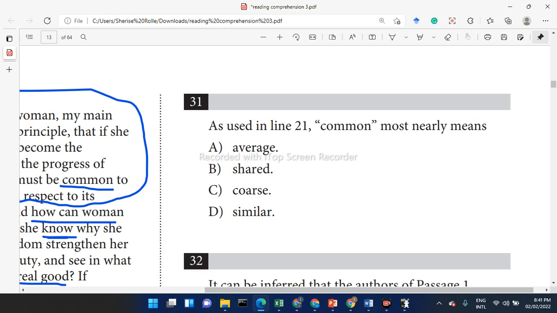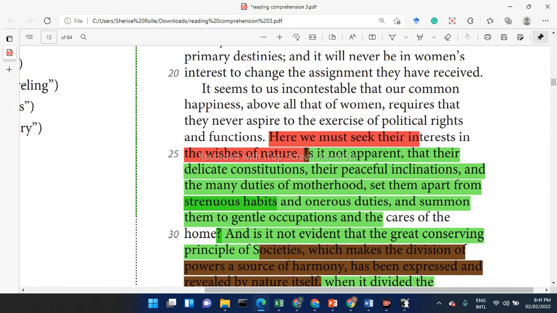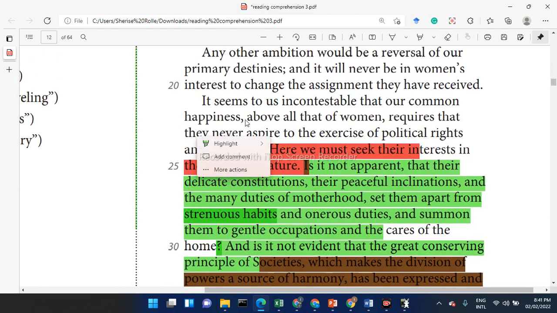Okay, so let's look at number 31. As used in line 21, "common" most nearly means: A, average; B, shared; C, coarse; or D, similar? So let's go to line 21. "It seems to us incontestable that our common happiness, above all that of women, requires that they never aspire to the exercise of political rights and functions."